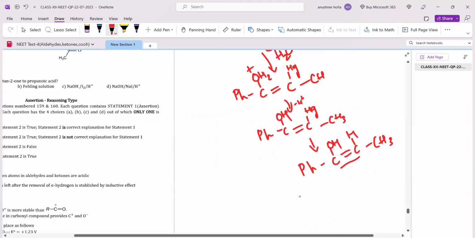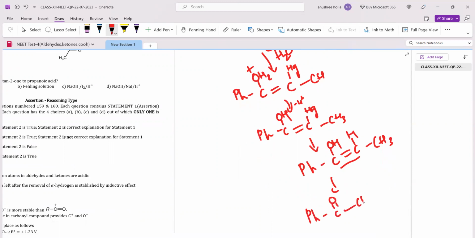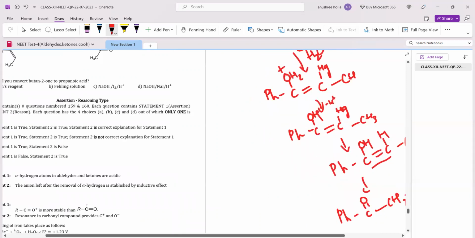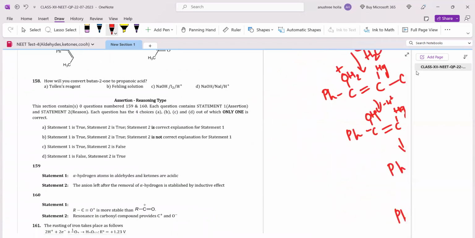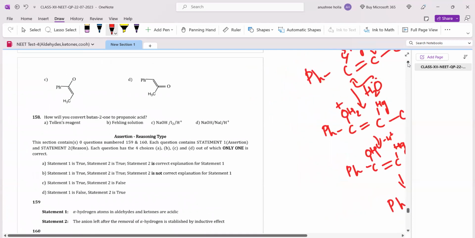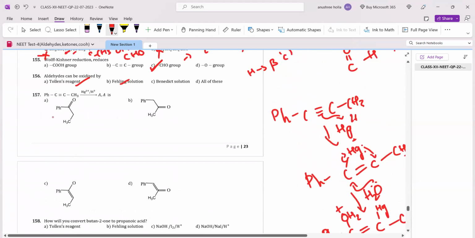So you will get this as a product, right? So do we have this in our options? Yes, it's option A, right? This product. Yes.